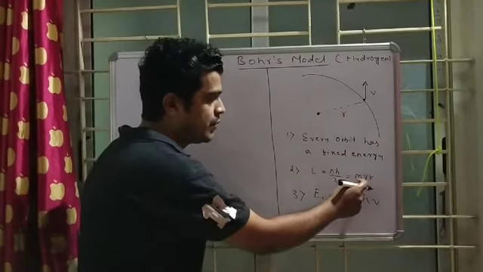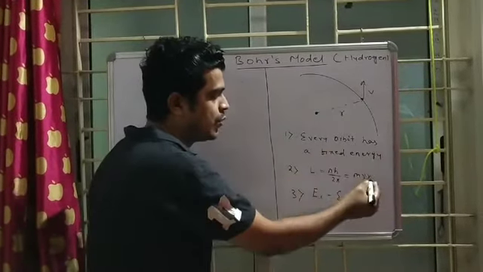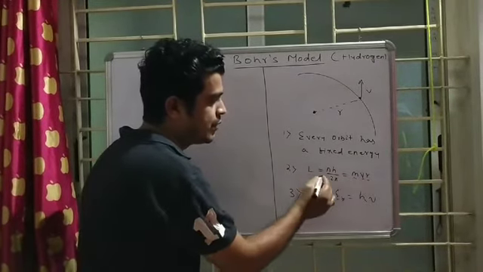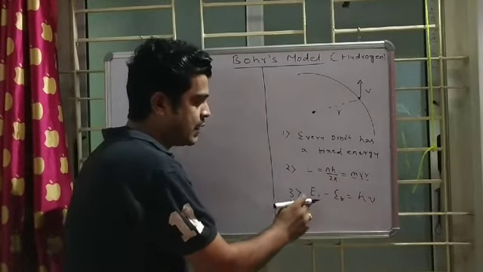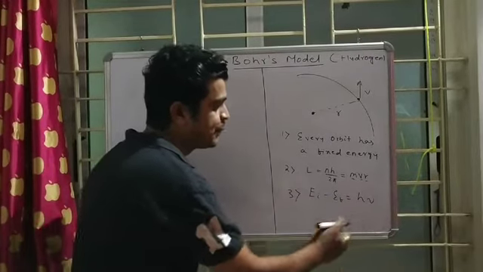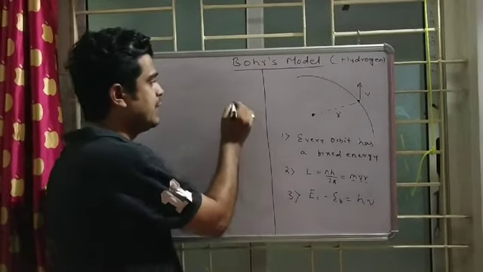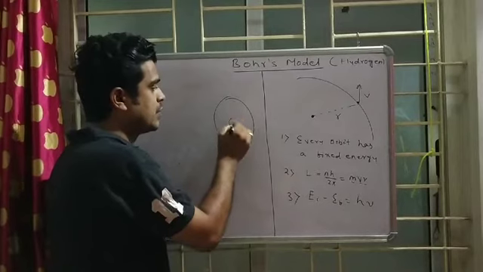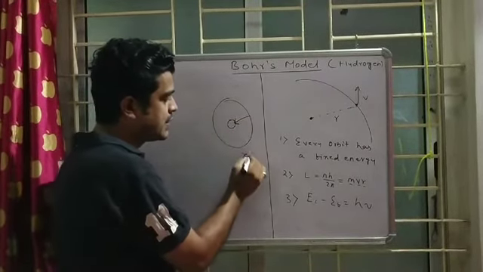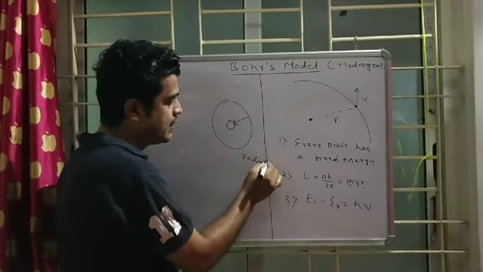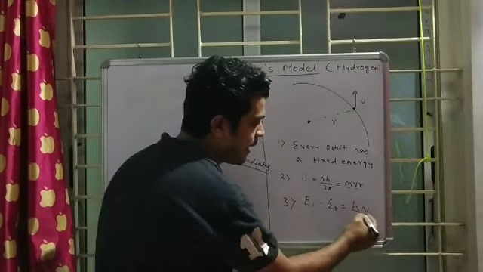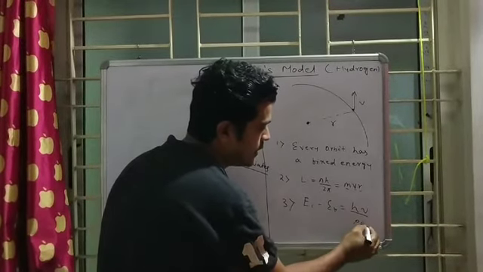Angular momentum of the electron is mass into tangential velocity into radius. This angular momentum is nh upon 2 pi. And this equation says that the difference of energy is in the form of light. That means Bohr said that if an electron comes from a higher orbit to a lower orbit, then it radiates energy, in the form of light, it radiates a photon.